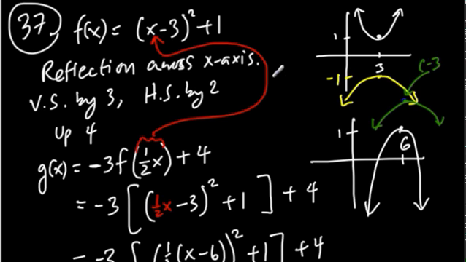It's negative 3 because remember the negative 1 here gets multiplied by 3, and then the horizontal stretch by 2. So this value of 3 gets multiplied by 2, so it becomes 6. So that goes like that, and then it's up by 4. So in other words, I'm adding 4 to the negative 3. Negative 3 plus 4 becomes positive 1.